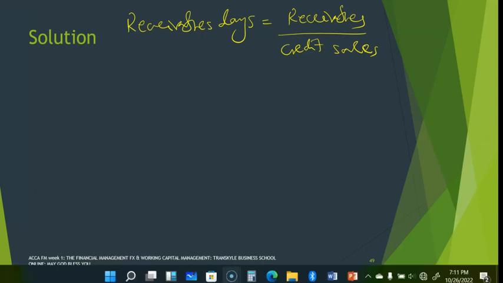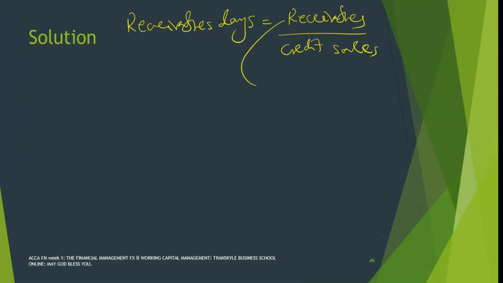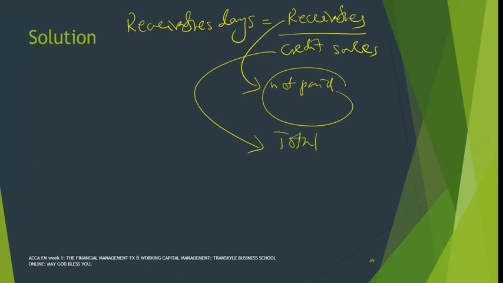So what is the difference between the receivables and credit sales? The receivables, ladies and gentlemen, we know that they were credit sales, but not paid. And then these ones were total credit sales during the year. Some have been paid, some have not been paid. So that's the difference.